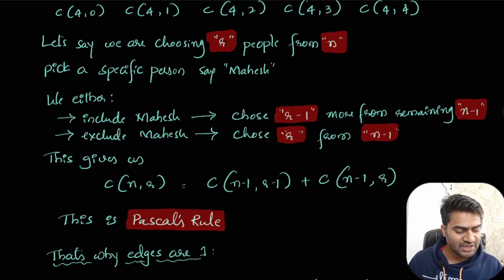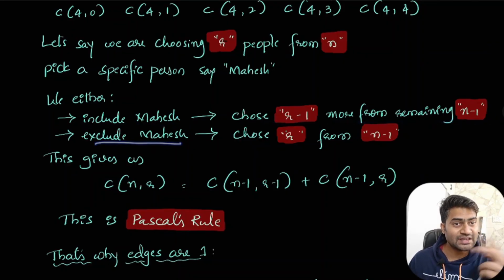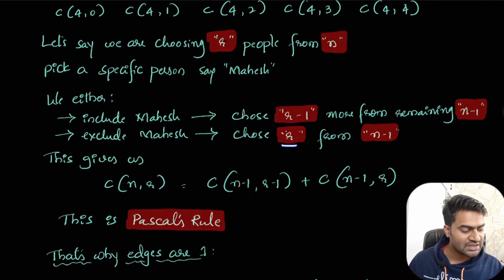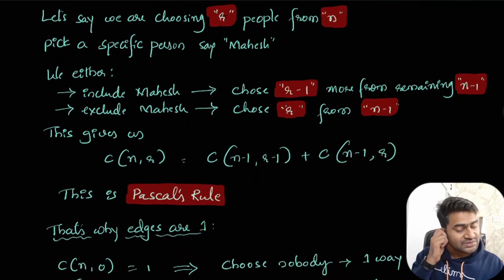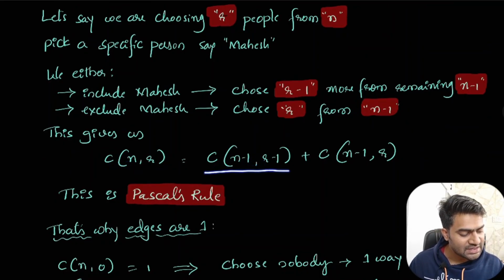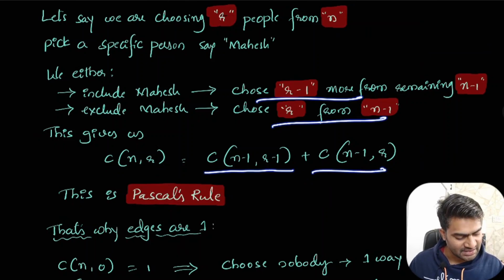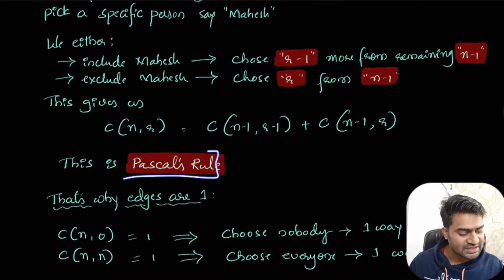If you pick Mahesh, then you choose r minus 1 more from the remaining n minus 1 people. But if you exclude Mahesh, you will still need to choose r people, but from the remaining n minus 1 people. So this gives us combination of n comma r equals this plus this, correct? That is what I am writing here. So this is basically our Pascal's rule. This is what Pascal's rule states.